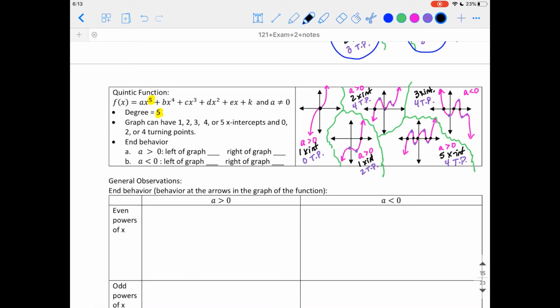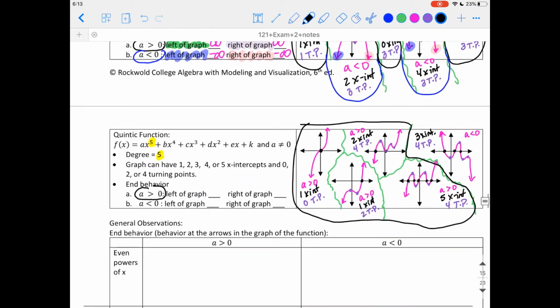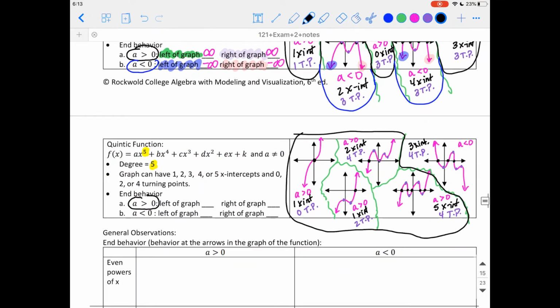So now let's analyze our end behavior. So for A greater than 0, we had 4 kids that had A greater than 0. These right here. So the left of the graph, we were using green. The left of the graph of these kids is that one, or that one, or that one, or that one.